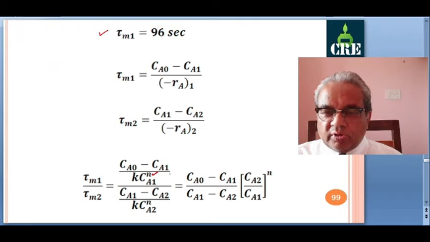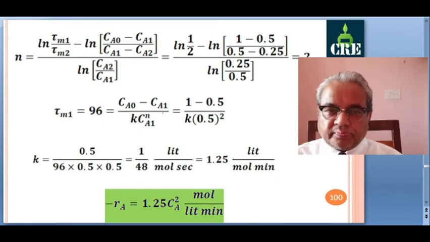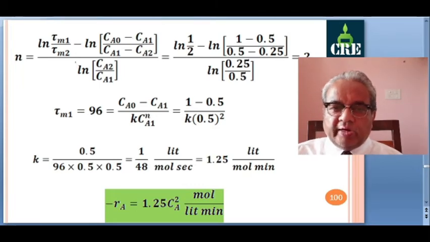If you take log of both sides, you get ln of tau m1 by tau m2 is equal to ln of Ca0 minus Ca1 by Ca1 minus Ca2 plus n ln of Ca2 by Ca1, and then I can write n as ln of tau m1 by tau m2 minus ln of this, divided by ln of Ca2 by Ca1.